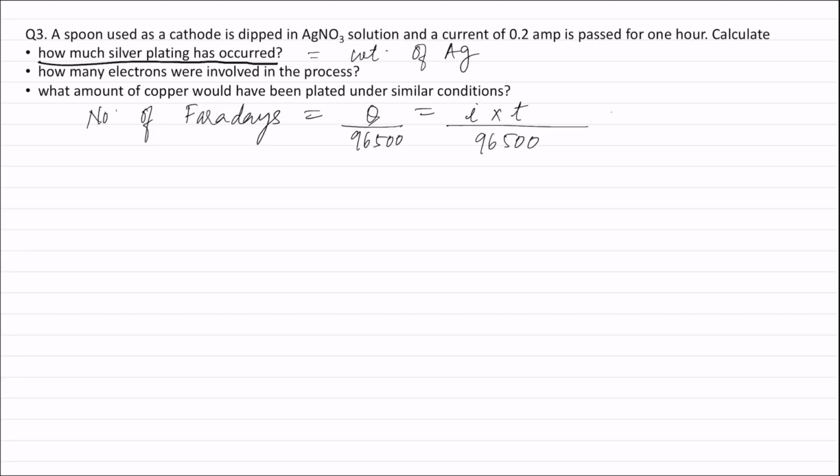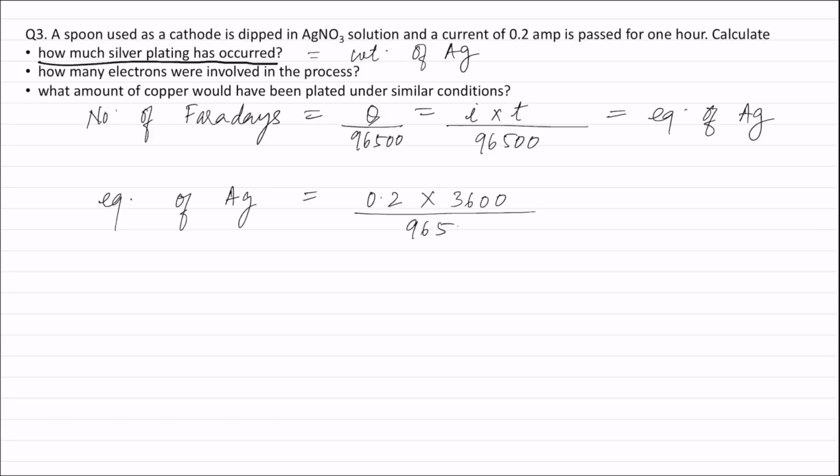Now this number of Faradays of electricity is also equal to equivalence of silver. Therefore, equivalence of silver is equal to the value of I, 0.2 amperes, into T. The value of T is 1 hour or 3600 seconds, divided by 96500. This gives the equivalence of silver.